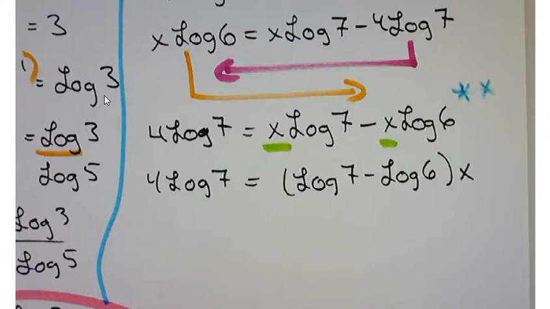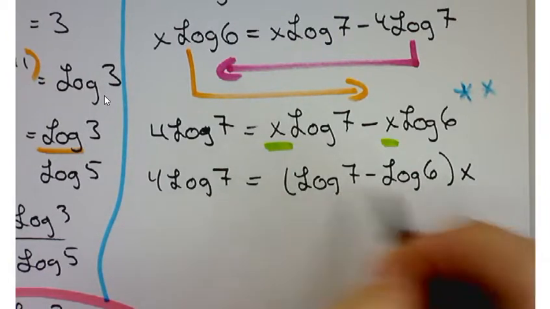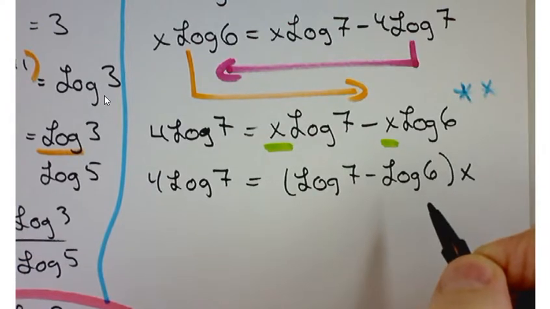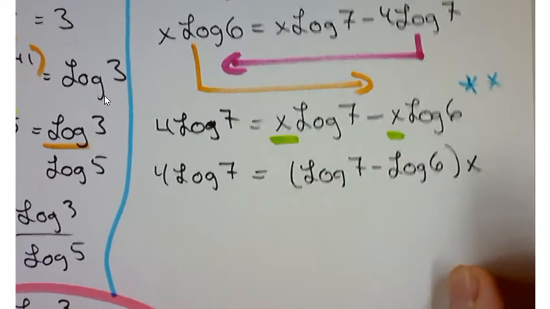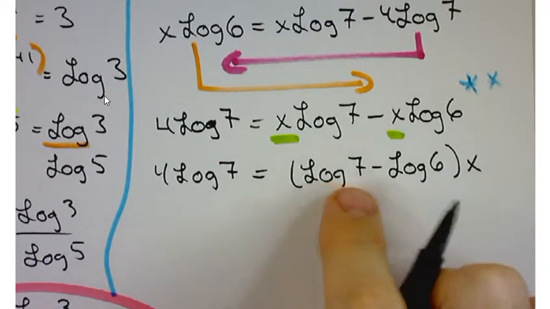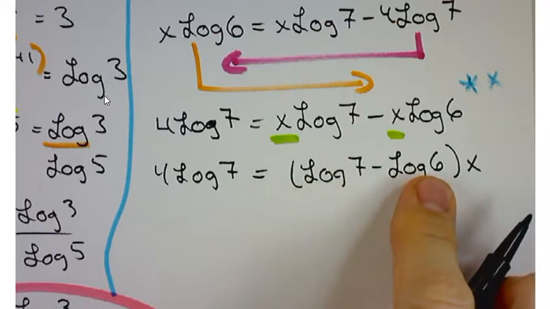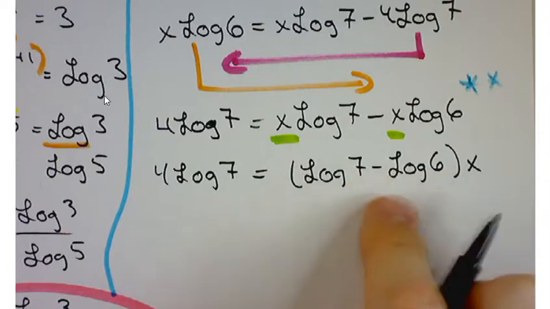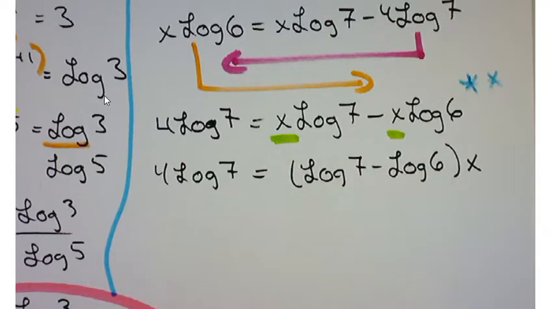Well, the base, what's understood to be the base? 10. The base is log 10. I just can't subtract 7 minus 6 and get a log of 1 or anything like that. There is something we can do, but I'll get down there in a little bit.